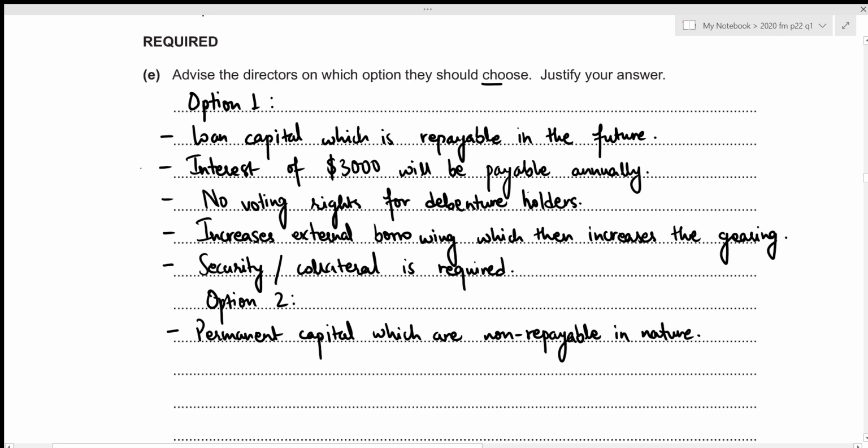Then we already wrote that interest payments of 3,000 will be required for debentures. But in case of rights issue, these are ordinary shares, right? So the dividend payments can be discretionary, which means that there is no fixed payment to be made towards the shareholders. Let's write it down. Dividend payments is discretionary.